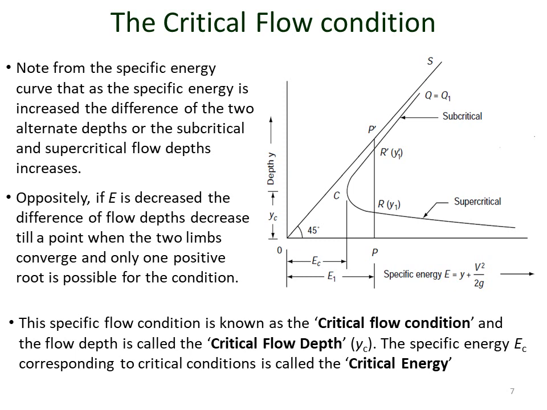So this flow condition is known as the critical flow condition. Remember, there are no alternate depths, there is only one flow depth, and that flow depth is known as the critical flow depth. And the specific energy E with the subscript C, corresponding to the critical condition, is known as the critical energy.